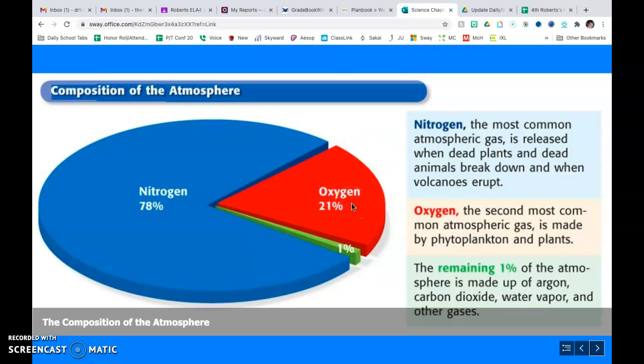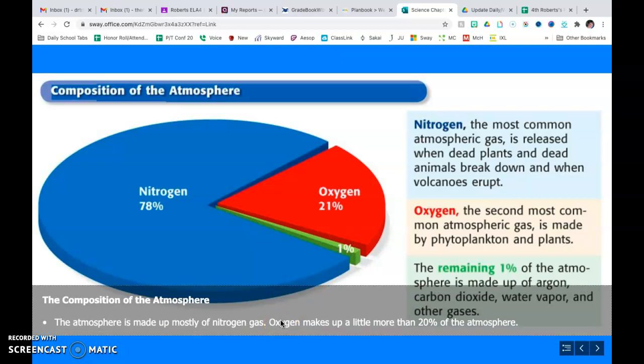It is made by phytoplankton and by plants. And this remaining 1% of our atmosphere is made up of various gases such as argon, carbon dioxide, water vapor, and there are others thrown in there as well. So nitrogen is the number 1 gas in our atmosphere, with oxygen being second at 21%.